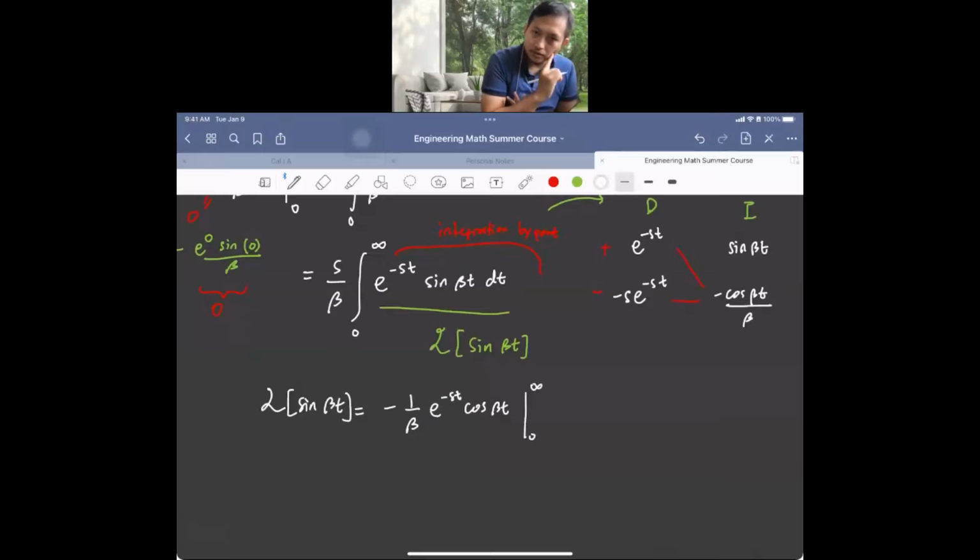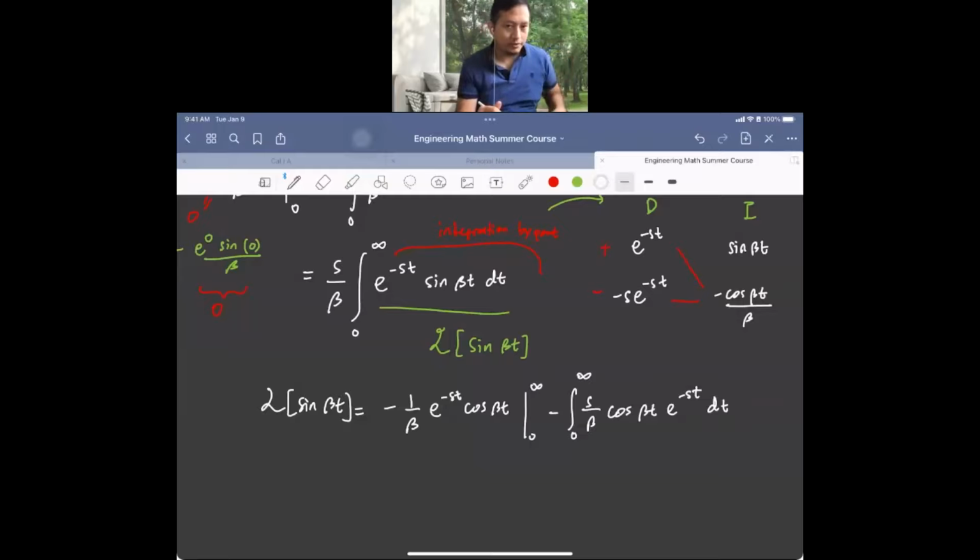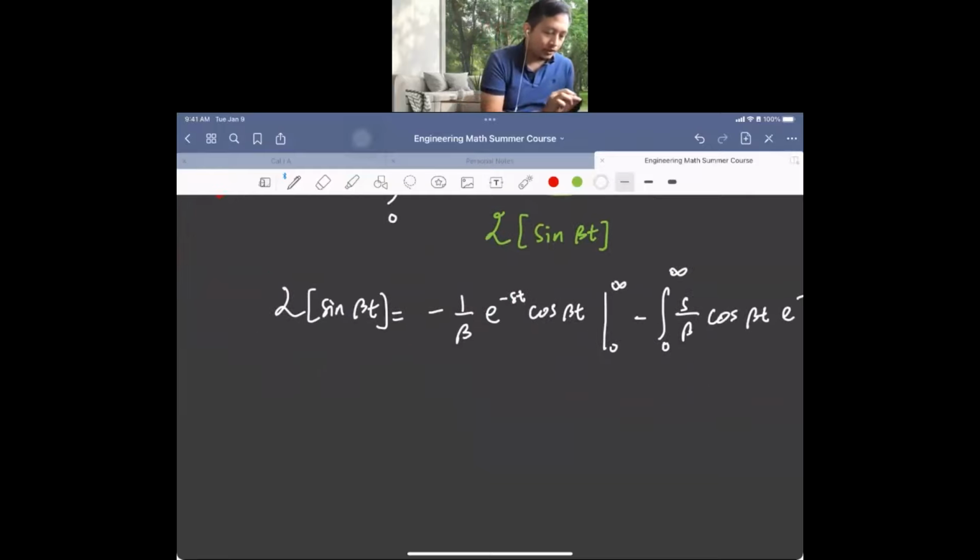And then now it's plus minus, right? Minus s over beta cosine beta t e negative st dt. Now solving this one here, plugging in infinity, it will result in 0. But let me just write it down here.